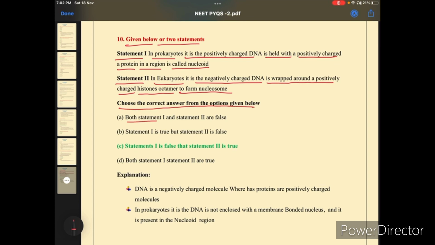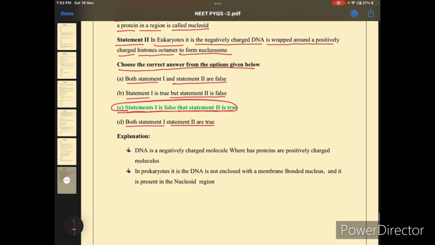Option A, both statement 1 and statement 2 are false. Option B, statement 1 is true but statement 2 is false. Option C, statement 1 is false but statement 2 is true. Option D, both statement 1 and statement 2 are true. And the correct answer is that statement 1 is false and statement 2 is true.